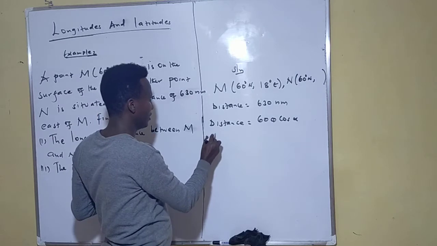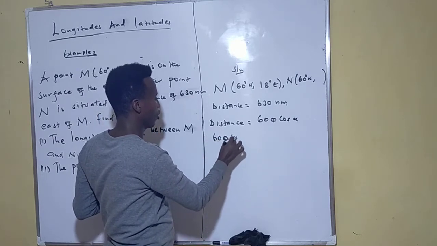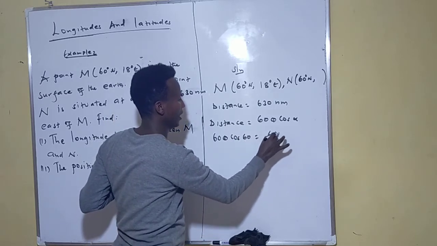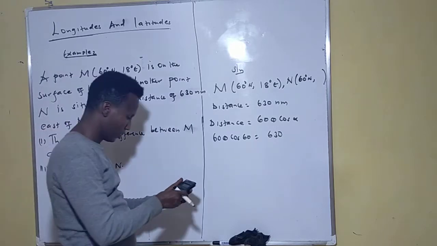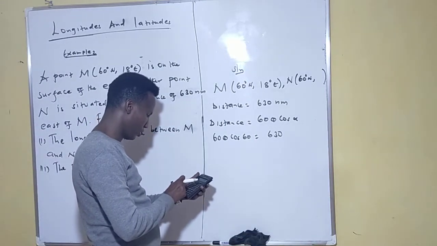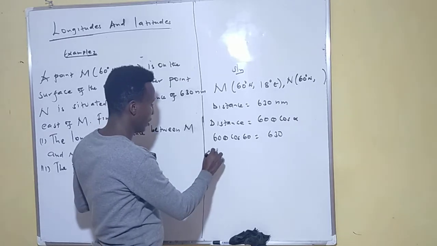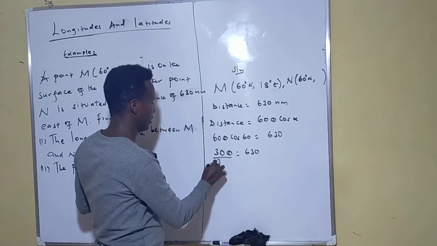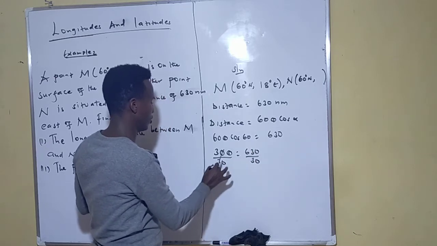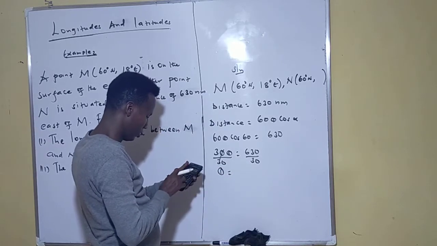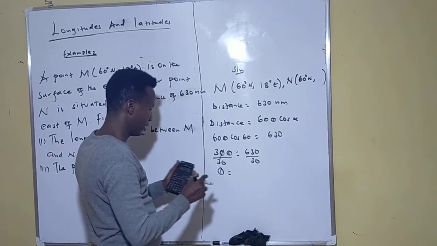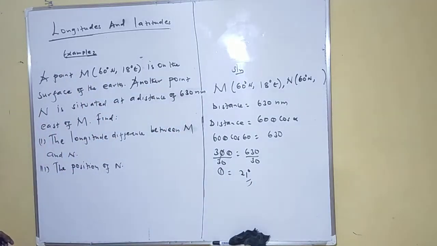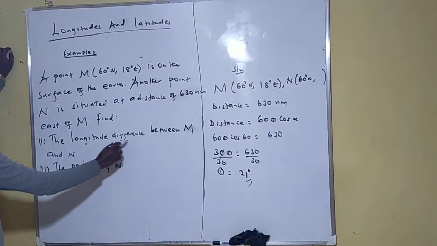Our alpha is the latitude, 60 degree, so 60 theta cos 60 equals 630. 60 times cos 60 is 30, so 30 theta equals 630. Dividing by 30, theta is 630 divided by 30, which is 21. So this is the first answer, because you are told the longitude difference between M and N.